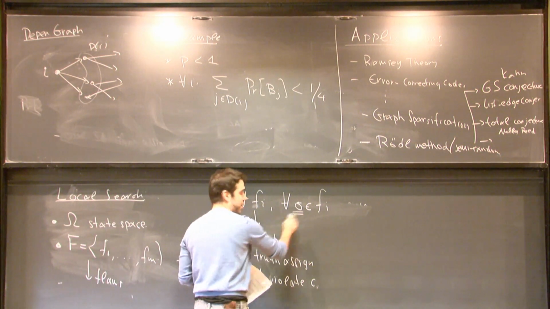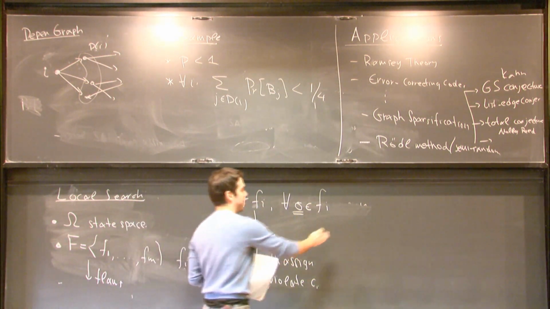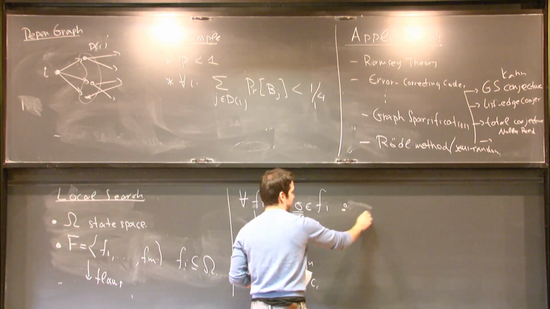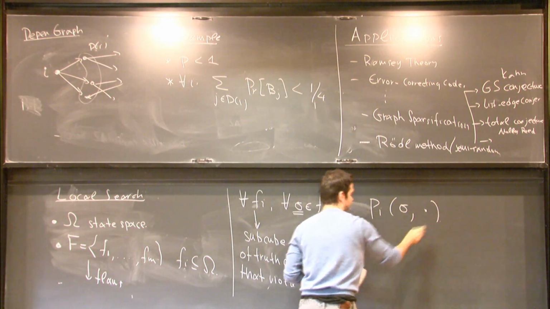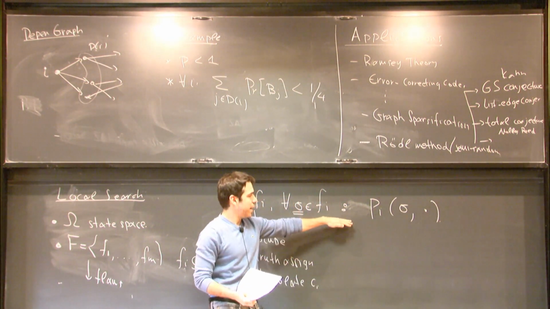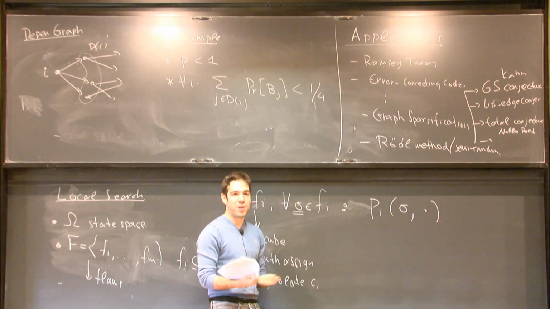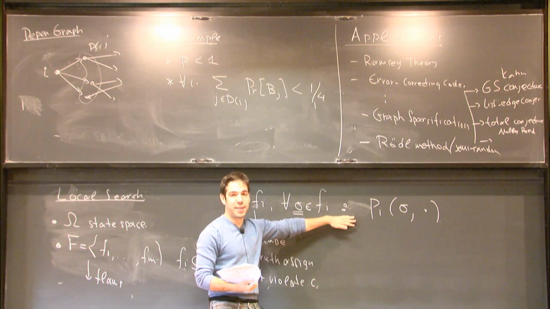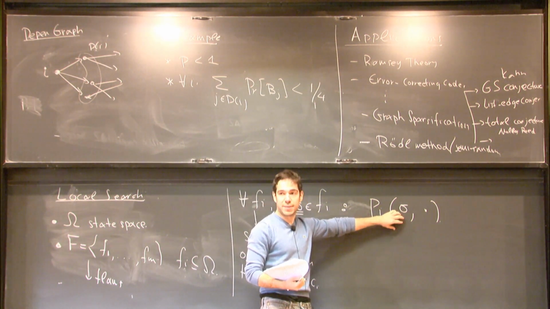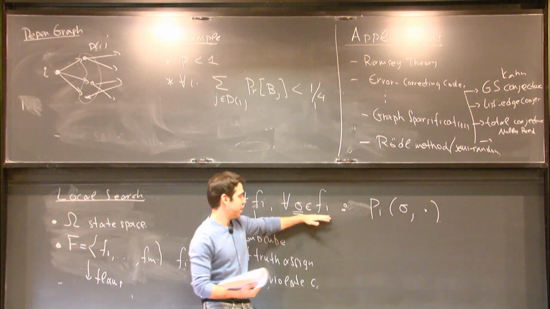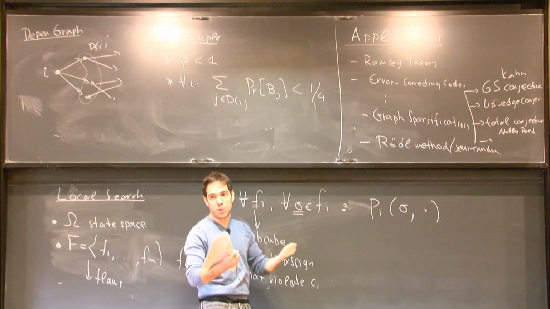And now for each such truth assignment, we will have a distribution. And you should think of this distribution as a way to escape from this state. So our algorithm, when it's in this state sigma, where this flaw exists, where this clause is violated, will want to escape from it.